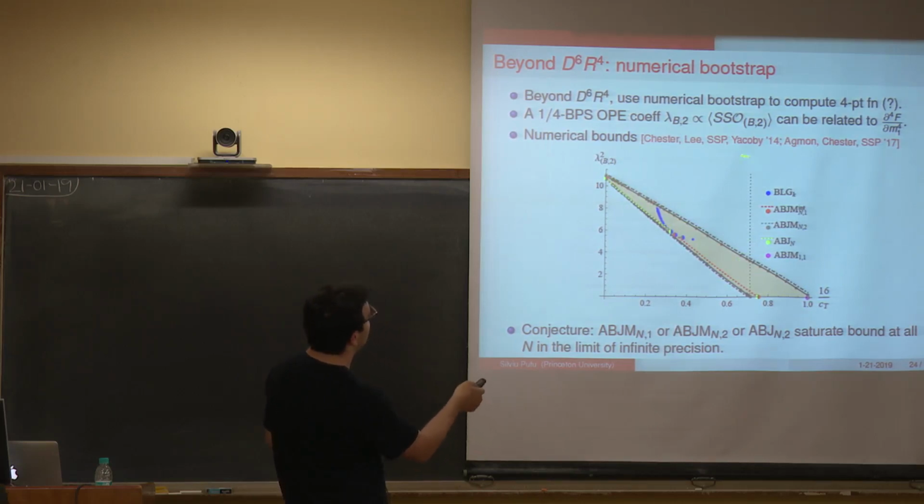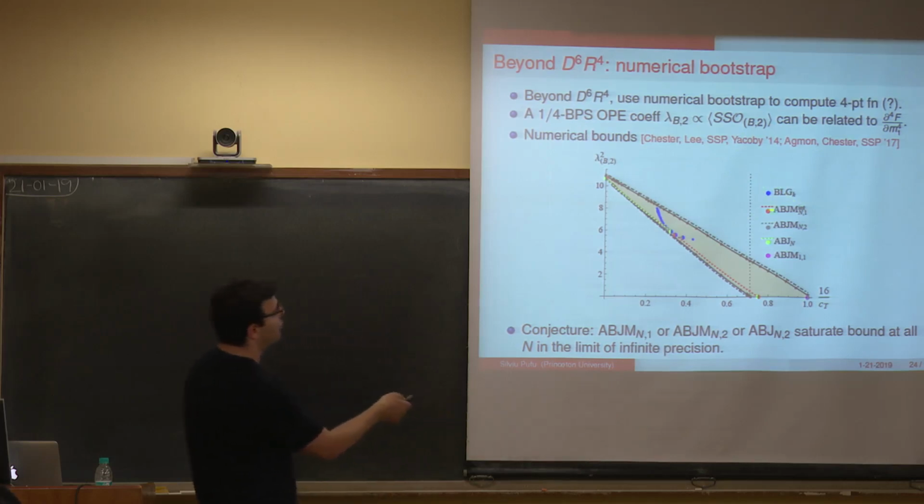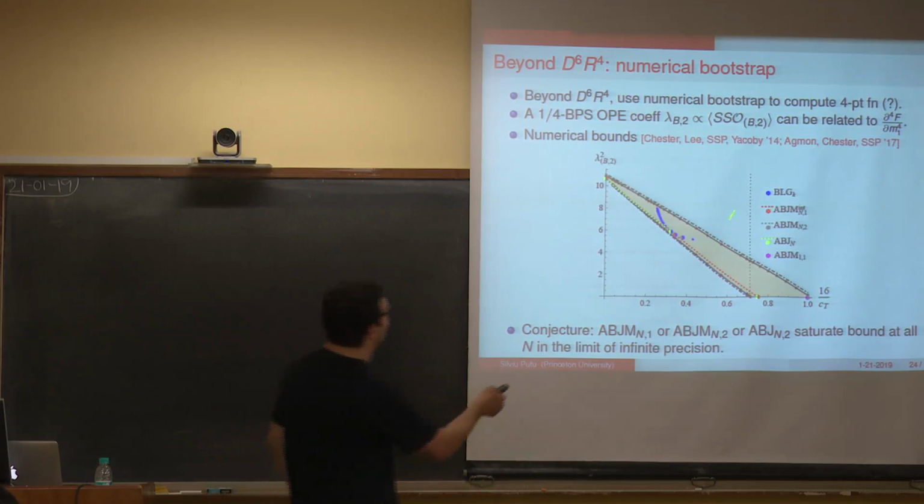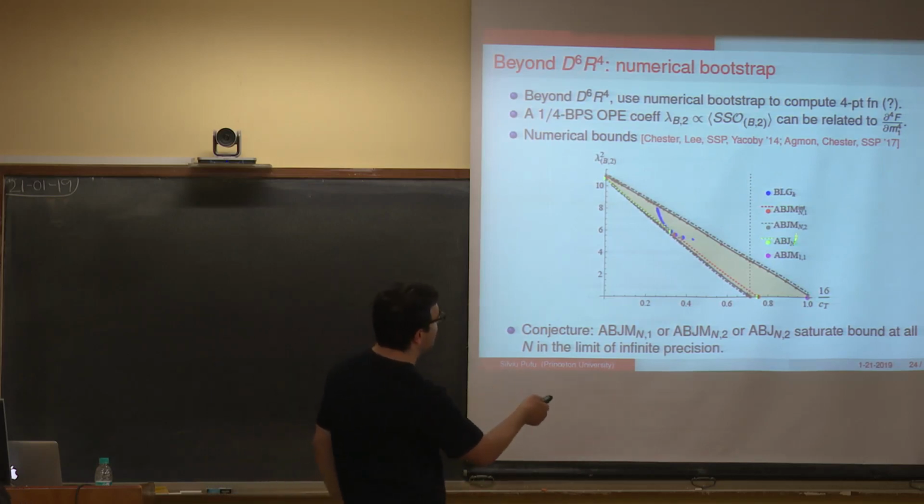So there are some n=8 theories with supergravity duals and some n=8 theories without supergravity duals. For the ones with supergravity duals, there's a limit in which CT goes to infinity. CT goes like n to the 3/2 at large n. This is the region over here in the plot.